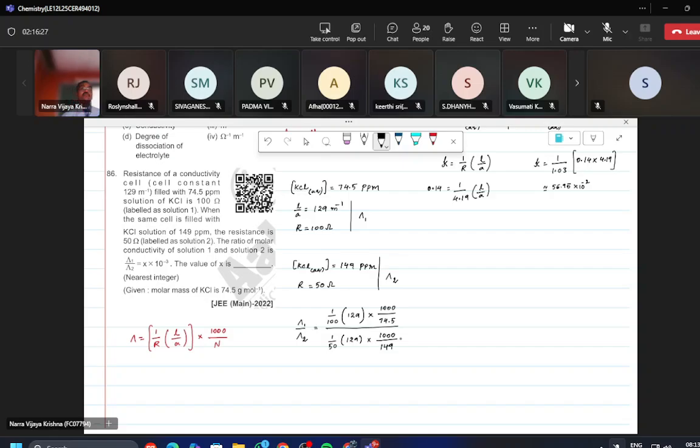Waste question. Waste or not? What is the value? But they gave that value as x into 10 power minus 3. What is the value of x? 1000. Check the answer. Over.